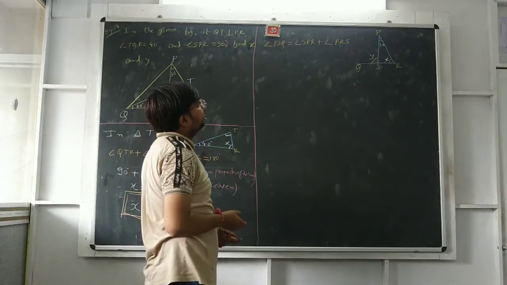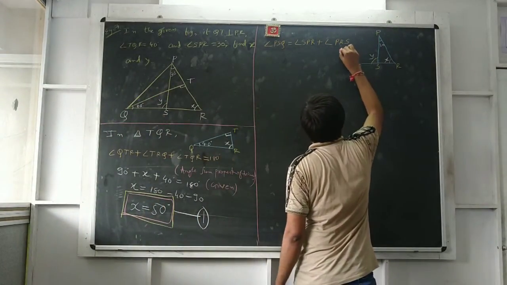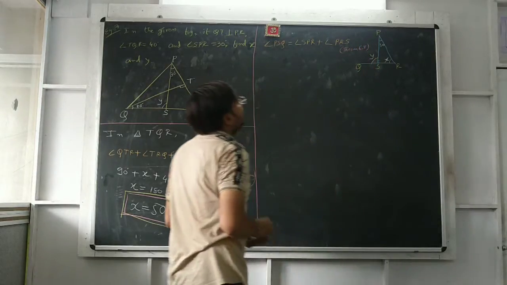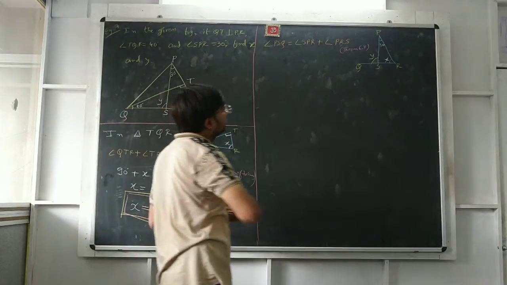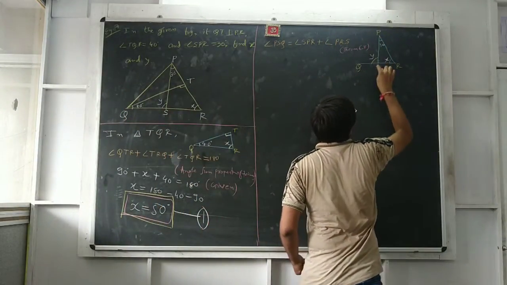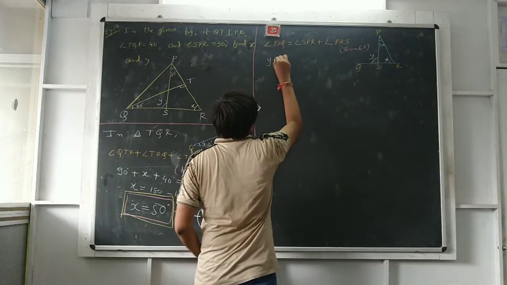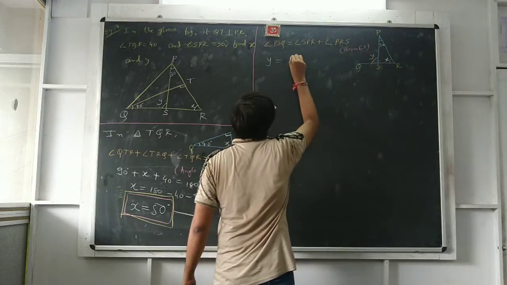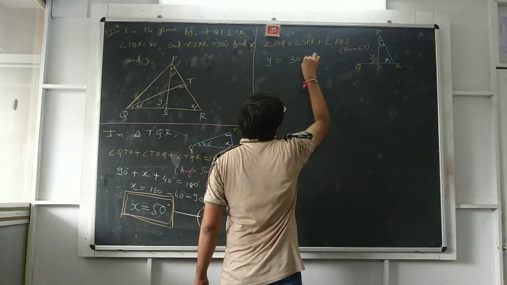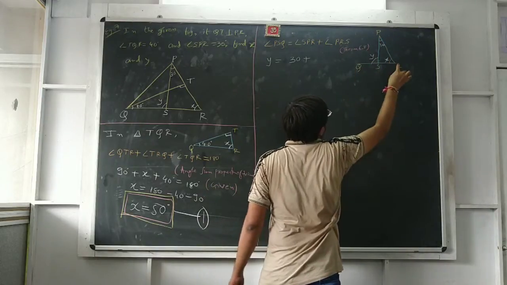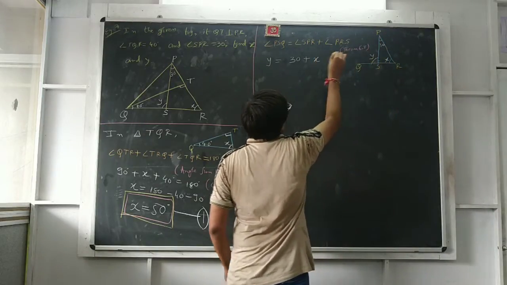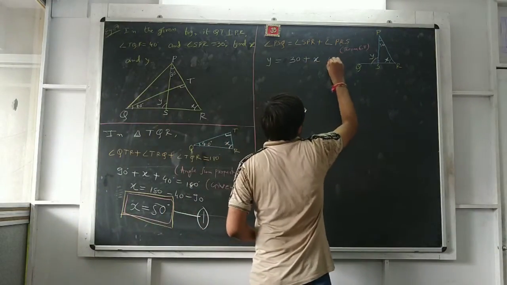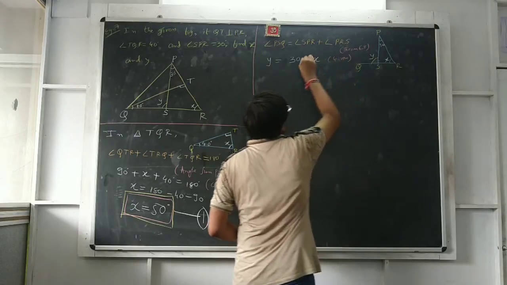Why can we say this? By theorem 6.8. PSQ is Y, so I can write Y is equal to SPR, which is 30, plus PRS, and PRS is equal to X. Y and 30 are given in the data.